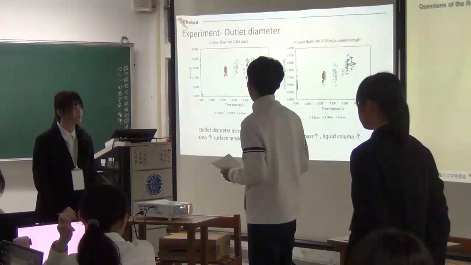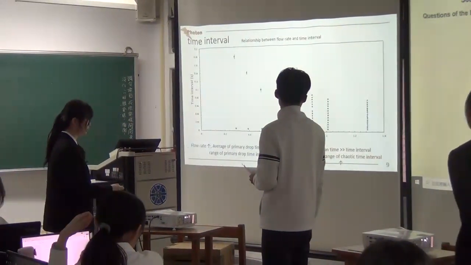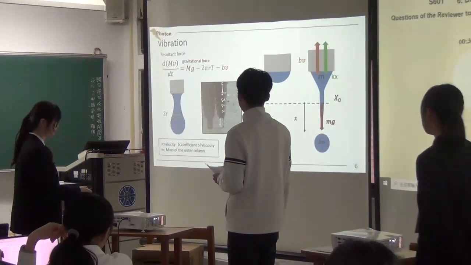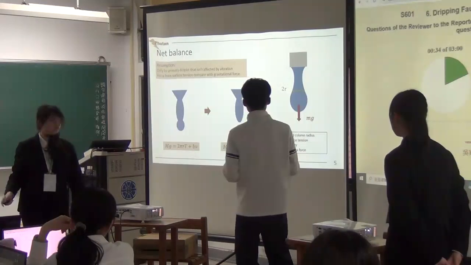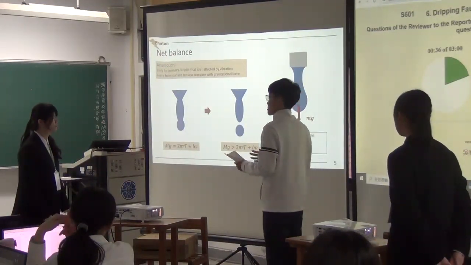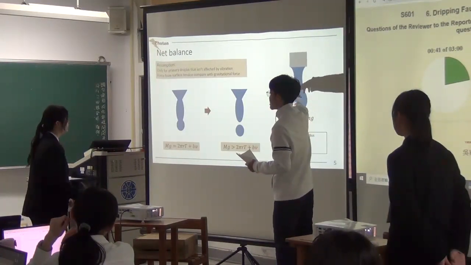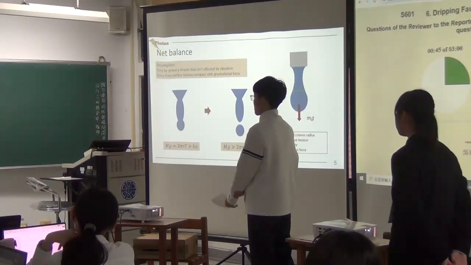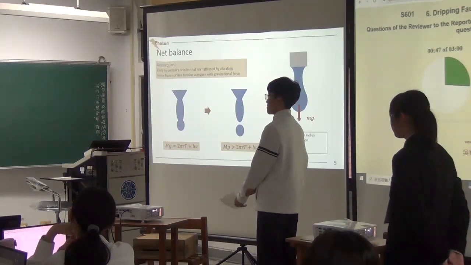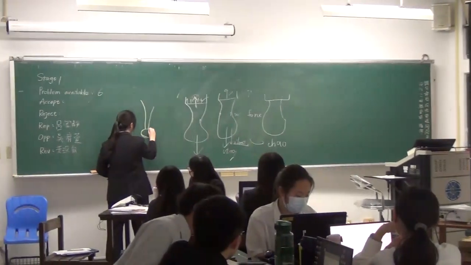Please turn to page 5. You mentioned the R here, so can you define what R is? Because it may be around here or here. It's my drawing. In the real video, the R is very clear.